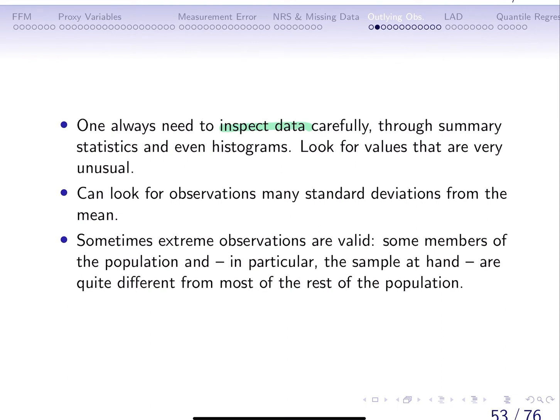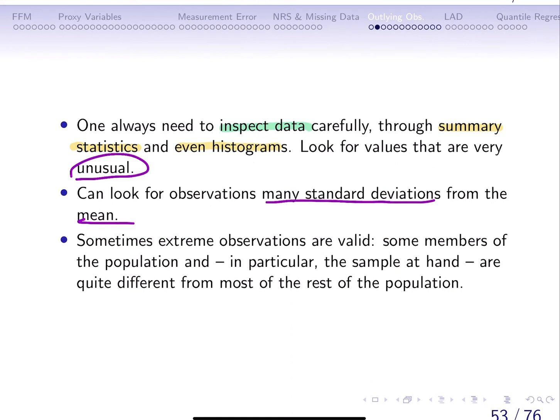You can also look at summary statistics like minimum and maximum values, medians, means, standard deviations, and even histograms, just to see what the distribution looks like. And look for very unusual values, that's what we're hunting for here. Typically these unusual values would be many standard deviations away from the mean, so we're looking at what is there in the tails of the distribution of that variable.